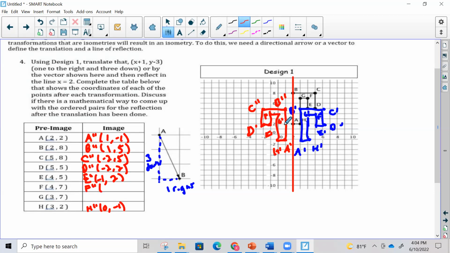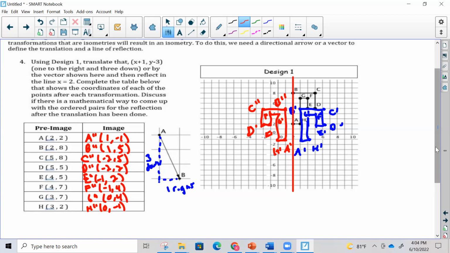F is also at -1, but then 4. And then G is my last one. So G double prime is at 0 and then 4.